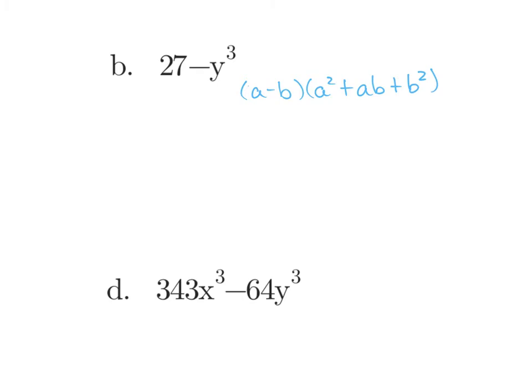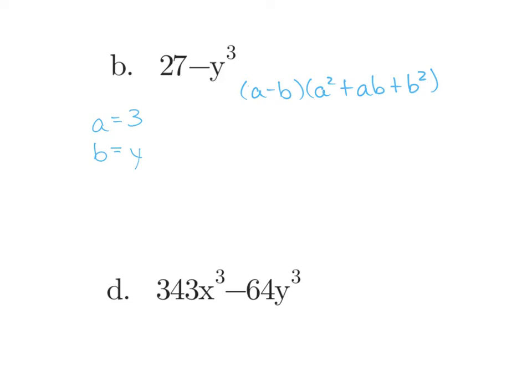So let's start by identifying what a and b are. What cubed is equal to 27? That's going to be 3. For b, what cubed equals y cubed? That's going to be y.